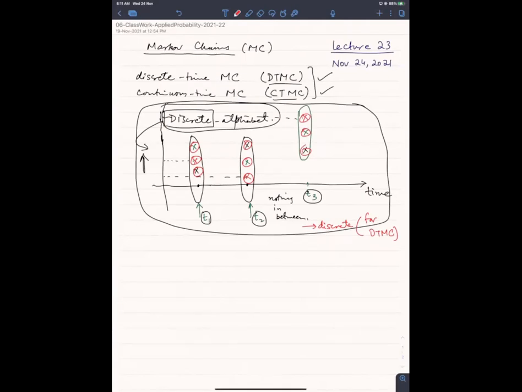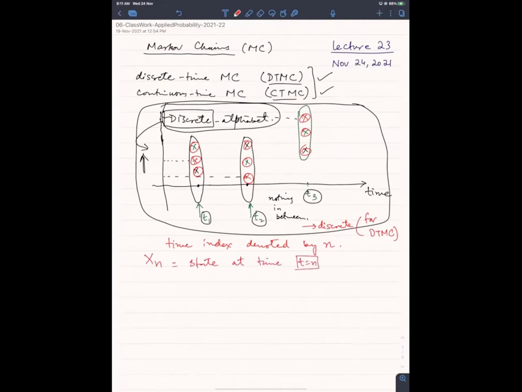हैं ये आपके पास. So xn, time index denoted by n, and xn उसको मैं कहता हूं कि this is the state at time t is equal to n.